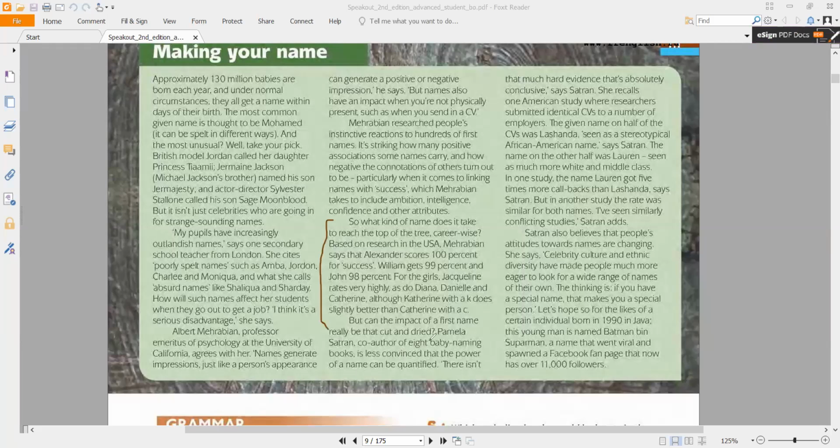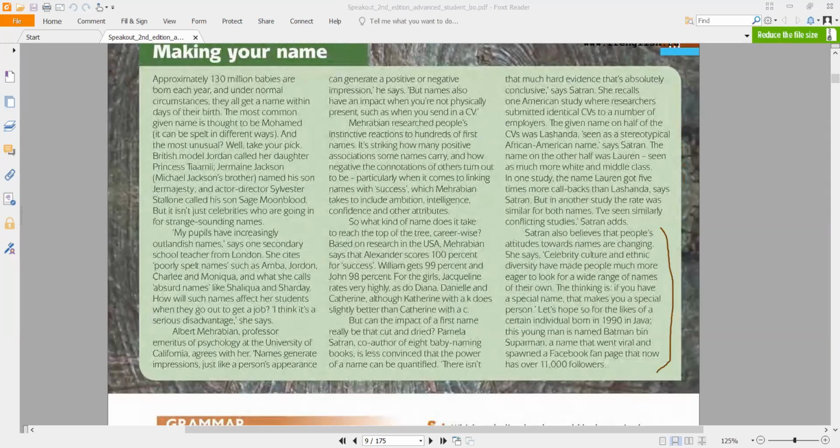Then they have that study where they submitted some CVs to some kind of agency, and it's a conflicting study, because I believe they didn't see that it's really all up to the name. So let's see the conclusion here. Saturn will tell us, I believe, the conclusion. Ikram, you can read to us here.